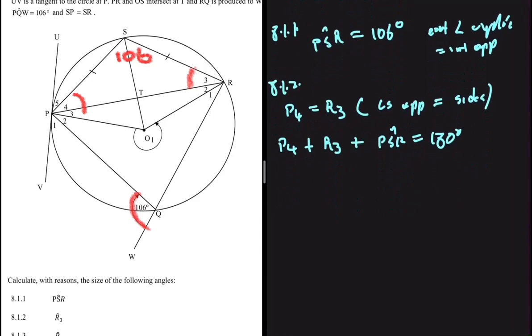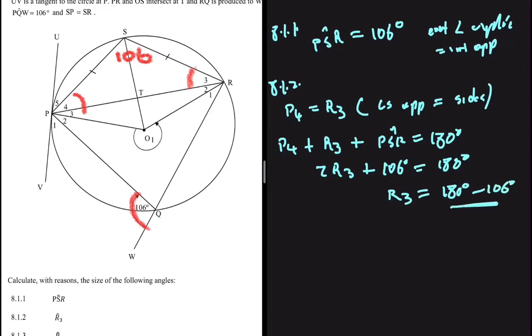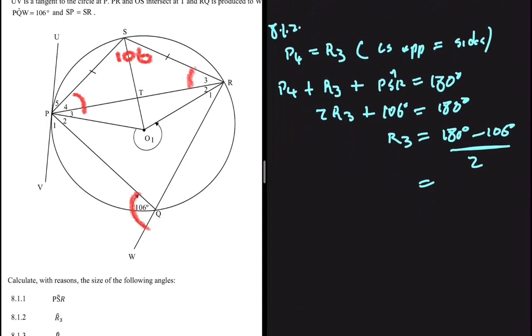And then P4 is R3, so we basically have 2R3 plus PSR, which is 106 degrees, being equal to 180 degrees. So R3 is equal to 180 degrees minus 106 degrees, divided by 2. And then if you put that in your calculator, you should get 37 degrees. So that is the size of angle R3 and P4, because R3 is equal to P4.